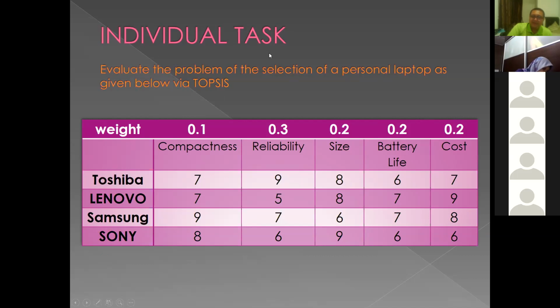You can do it using a calculator, you can do it using Excel or whatever, but whatever tools you are using, you should understand the process, each of the steps.